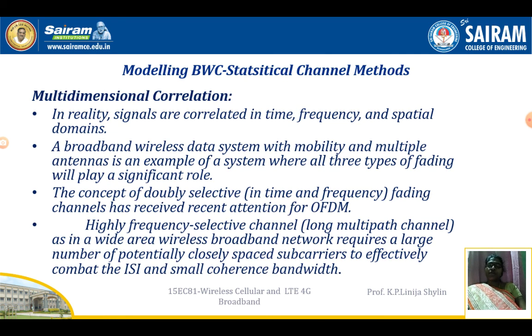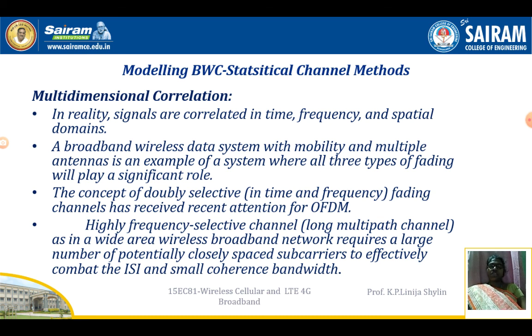So now coming to multidimensional correlation. We are all aware that signals will be correlated in time, frequency and spatial domains, right? But if you come to broadband wireless data systems, especially in the case of mobility and multiple antennas, there are three types of fading which play a significant role.